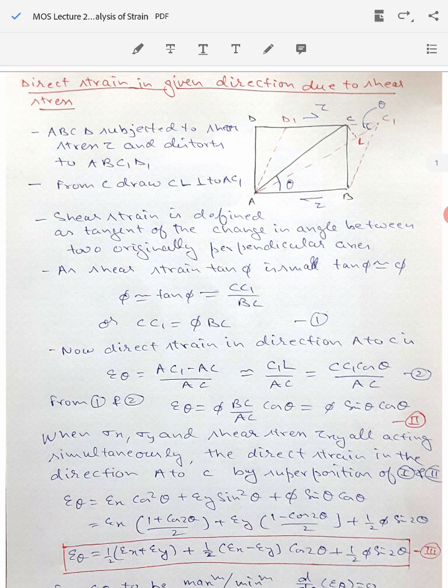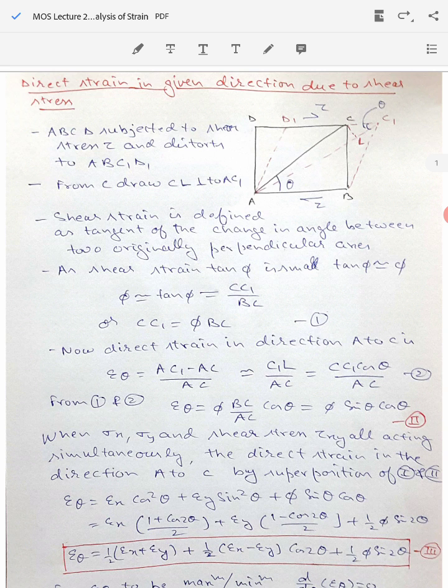Okay, now let's do some construction. Let's draw a perpendicular from C on the diagonal AC1, so that is the perpendicular CL drawn on the diagonal AC1. Now we know that the shear strain is defined as the tangent of the change in the angle between the two originally perpendicular axes.